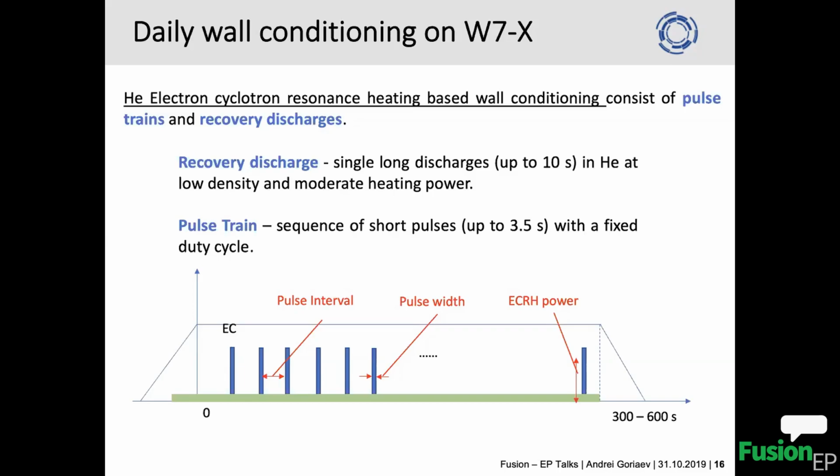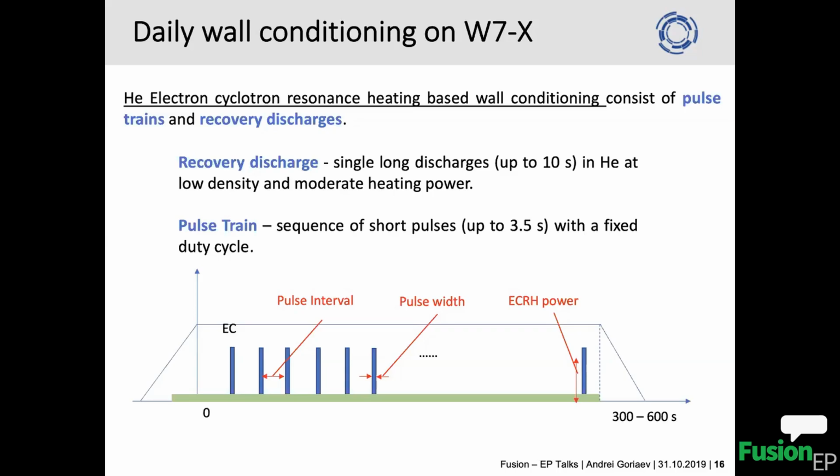We discovered two types of helium ECRH wall conditioning. One is the so-called recovery discharge. It's just a single long discharge in helium, with the same magnetic field configuration and more or less the same parameters, similar to main plasma experiments with hydrogen, but in helium.